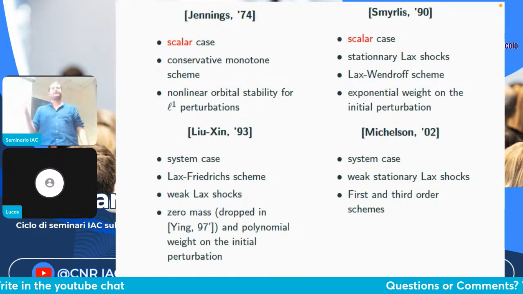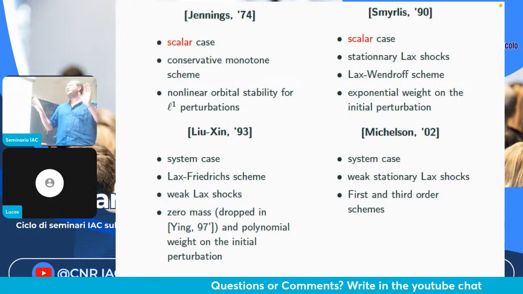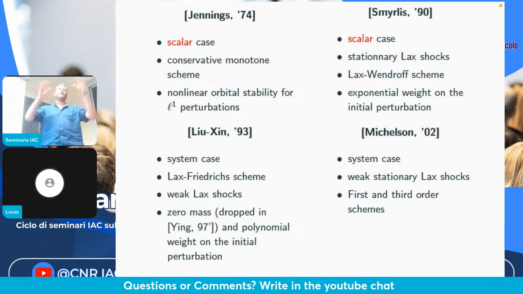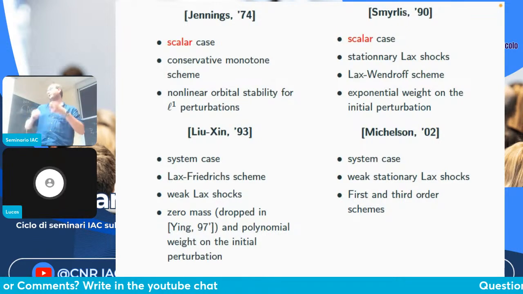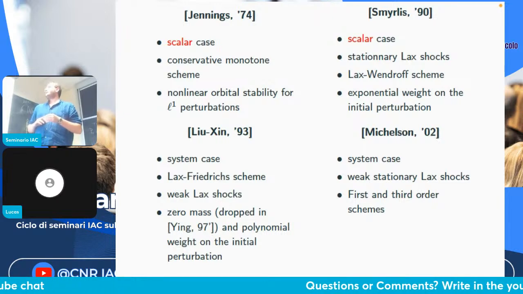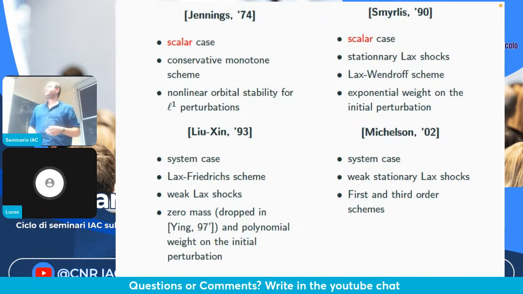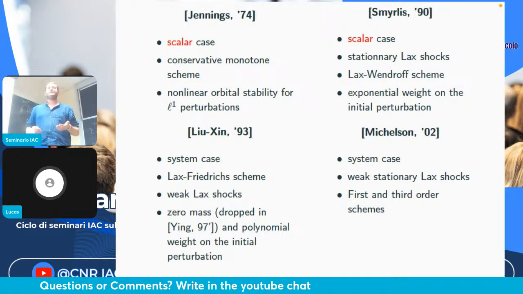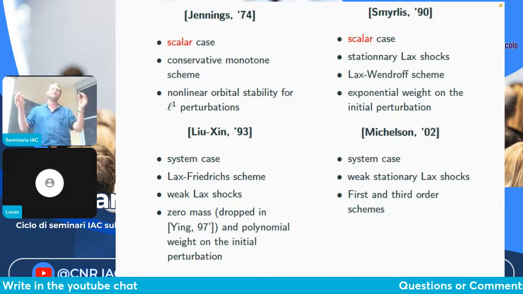Now let's talk about some state of the art. I will present 4 results which represent, in my opinion, the overall results that exist in this field. And I will present where there are limitations. The first thing is that some results are limited to the case of scalar conservation laws, and it's strictly limited.